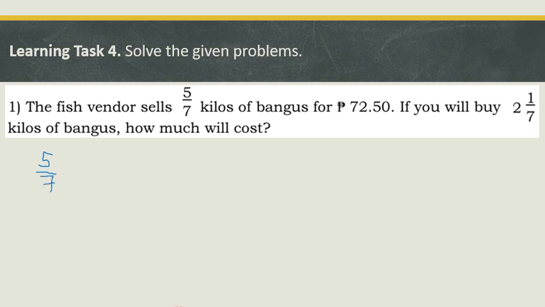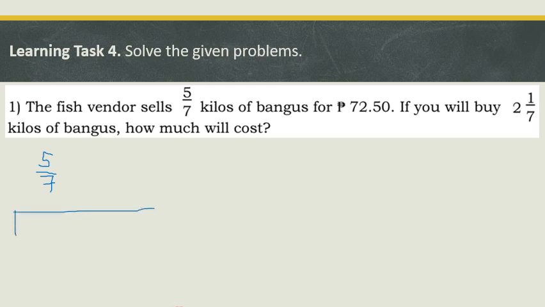So, binenta siya for 72 and 50 centavos. So, kung bibili ka ng 2 1/7 kilos of bangus, how much will it cost? So, alamin muna natin kung magkano yung 1 kilo kasi ito ay 5 and 7 kilos lang. So, paano po yun?